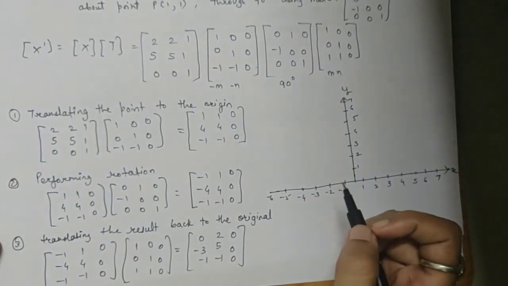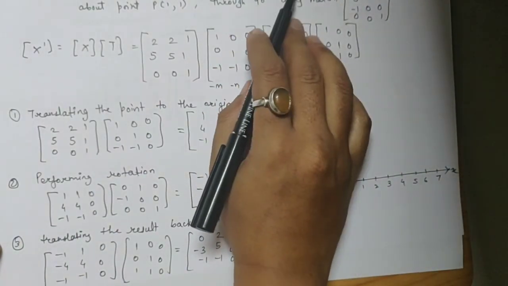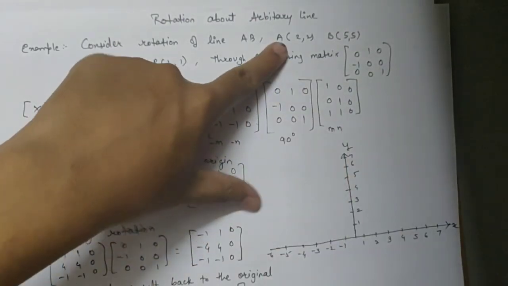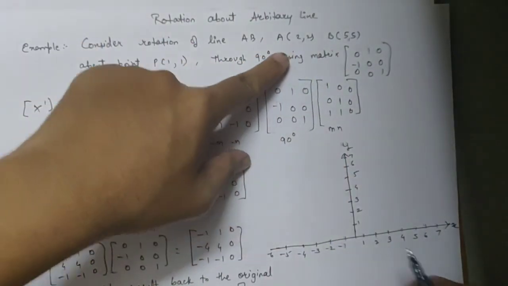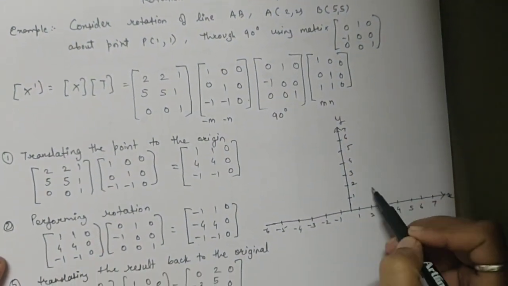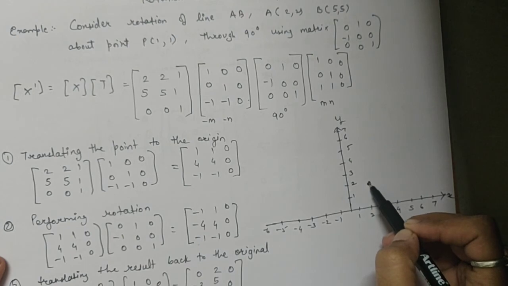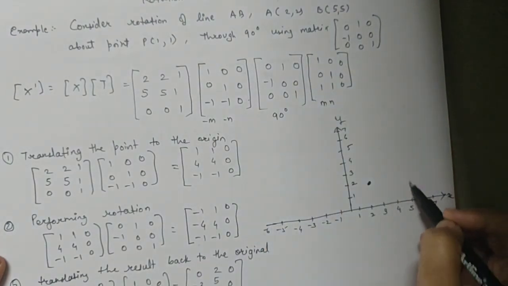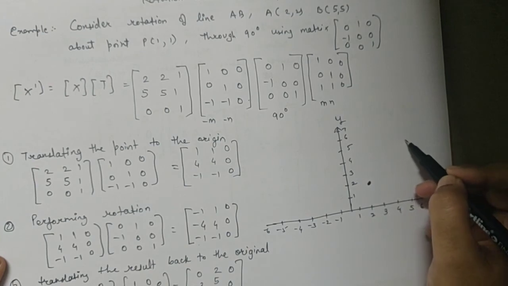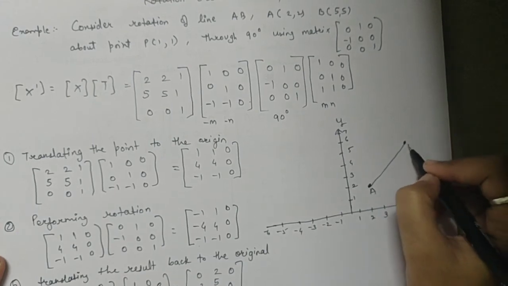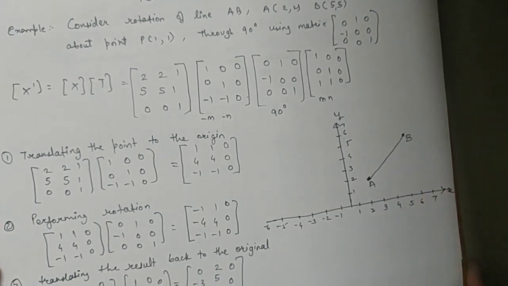Let me first draw the line AB, where A is (2,2) and B is (5,5). So A is somewhere here and B is somewhere here. This is my line AB, that is my original line.